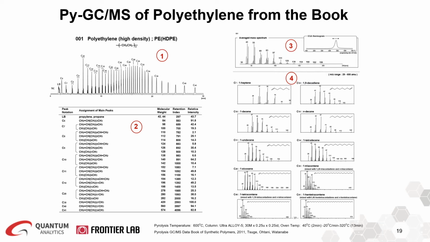Number 3 is the EGA thermogram performed from 100 to 700C at a rate of 20 degrees per minute, as well as the average mass spectrum of the EGA. And then number 4 is the mass spectrum of the top 10 major fragmentations. So F-Search is a search engine software that contains all that information from the book.